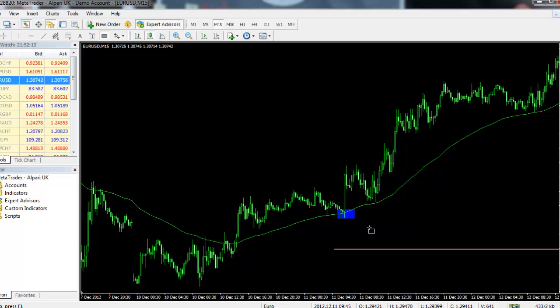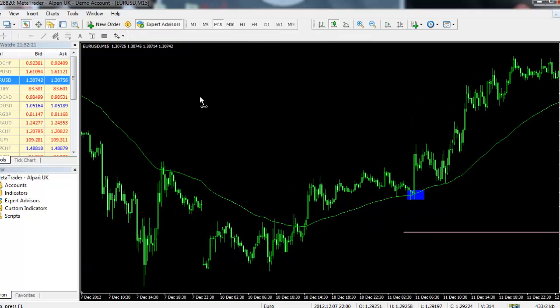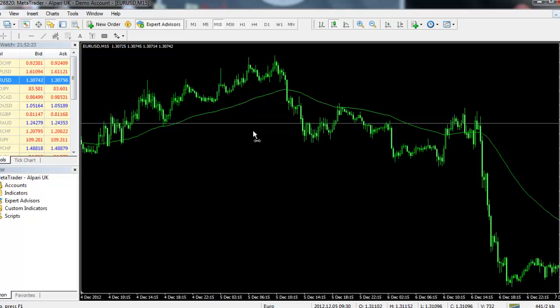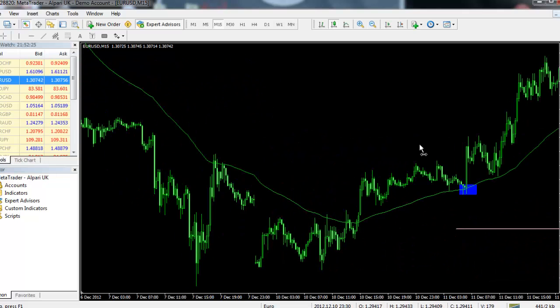So let's have a look at some examples of a sell order as well. Just move this up here. Okay, the best sell order example is the one from last Friday, and I actually took this. This was a nice trade. So basically your sell signal is when price action is trading below the ATMA.